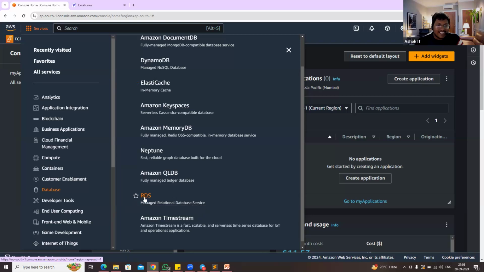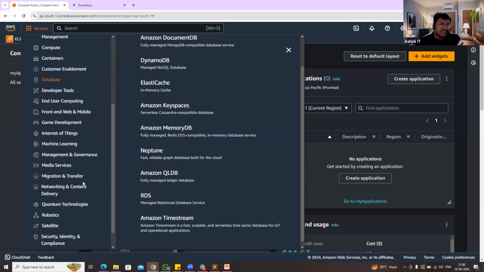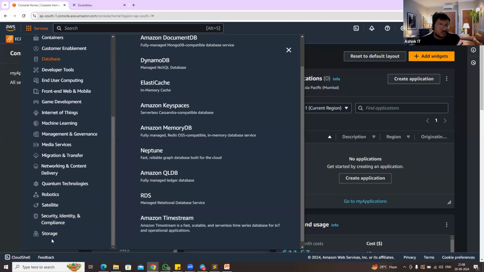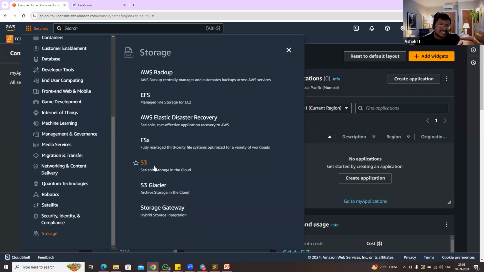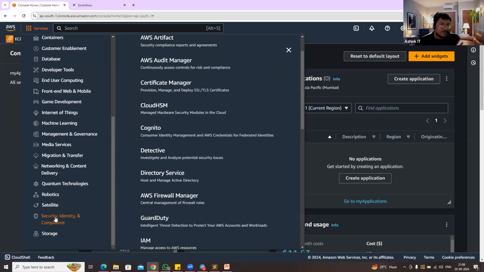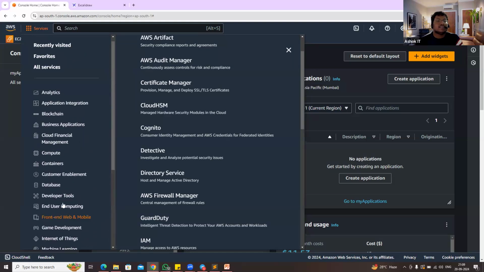By using the RDS service, you can take a database for rent. Similarly, whatever storage you want for your project, S3, scalable storage in the cloud, unlimited storage you can take. Backup, security, network, machines and database will all be provided by AWS.